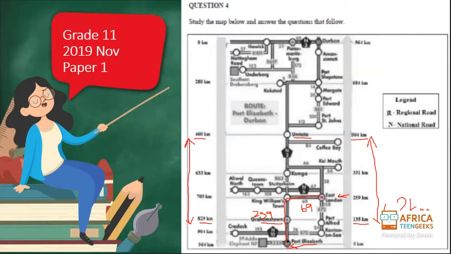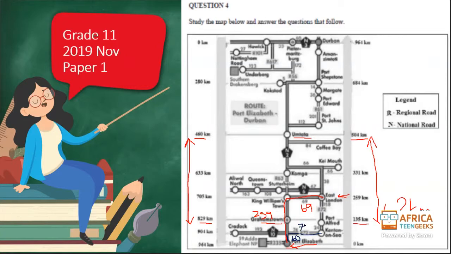This one will be a bit tricky, because you first get this distance by subtracting those two numbers, 964 and 904. This will be 60. Hopefully, you guys can see what is happening here. And then this distance from this intersection to this town is 74.